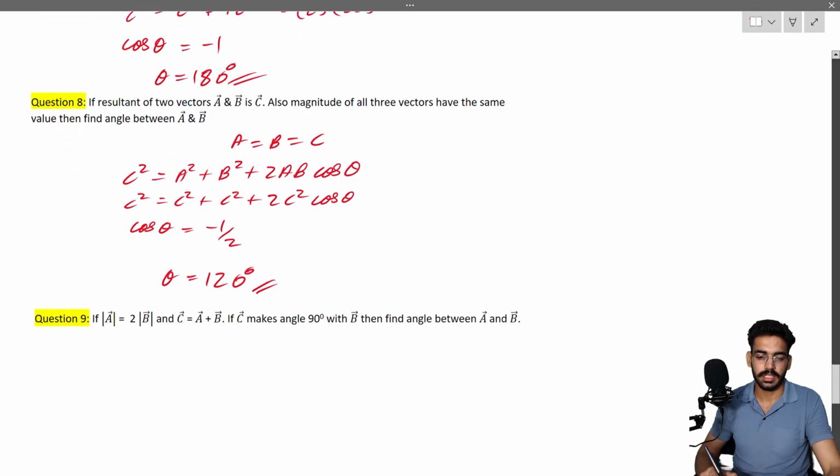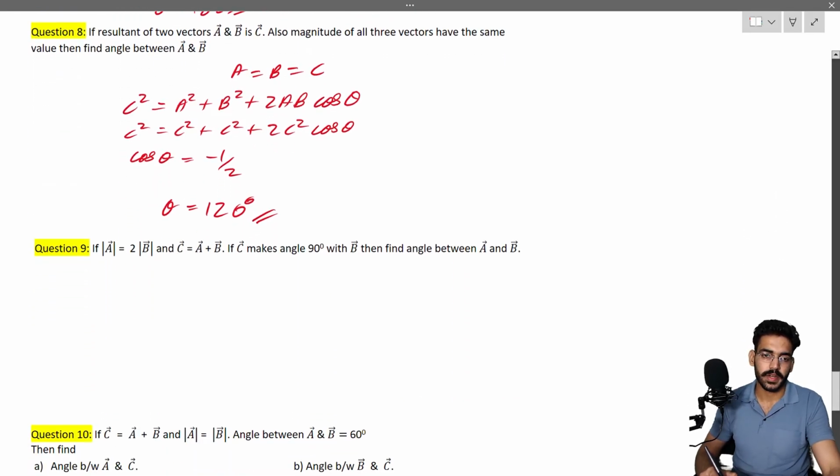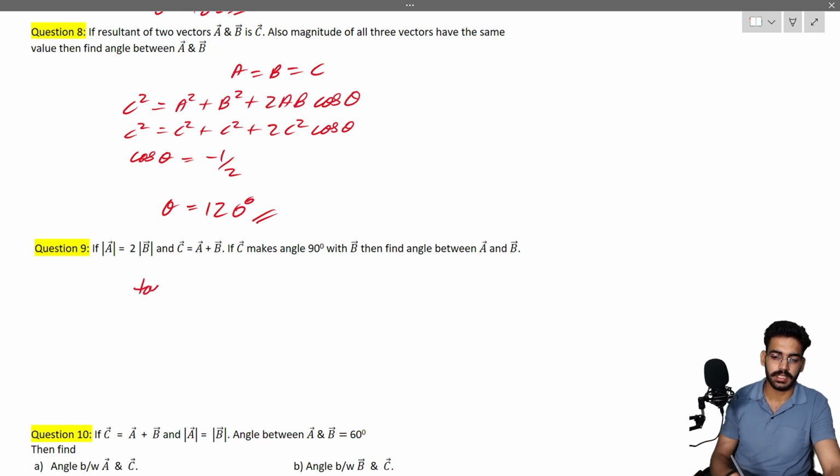The next question is saying, if A vector equal to 2B vector and C vector equal to A plus B vector, if C makes angle 90 degree with B, then find the angle between A and B. We have seen that the angle between C and B means beta. We have already done this thing.